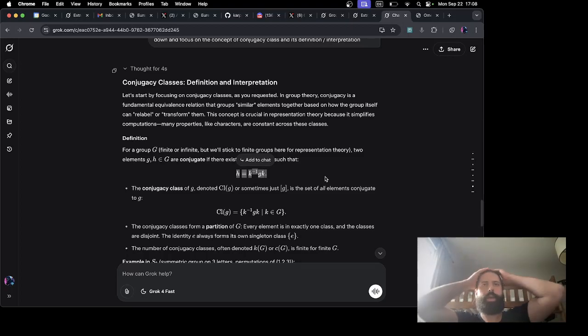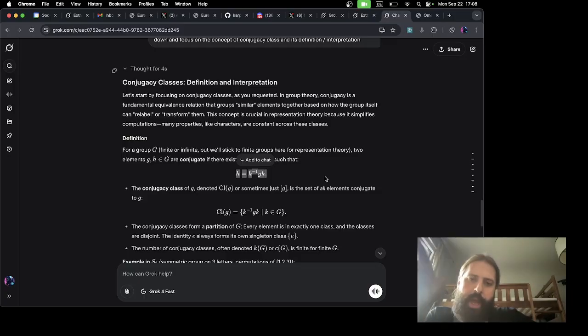I guess in a way, for some reason in my head there's a way to go from g to h, right? Because essentially what it means is we are applying k inverse, and then g, and then k again.